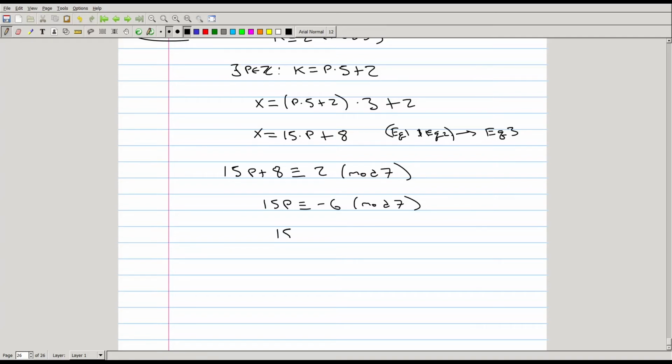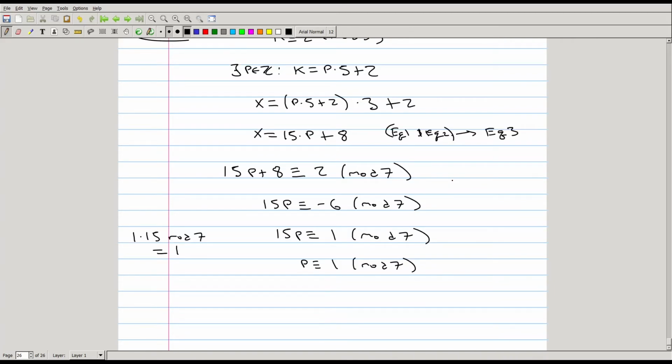So 15p has to be equal to 1 mod 7, and we can solve for p by finding the inverse of 15 mod 7, which is just equal to 1, because 1 times 15 mod 7 is just equal to 1. So therefore p is congruent to 1 mod 7.